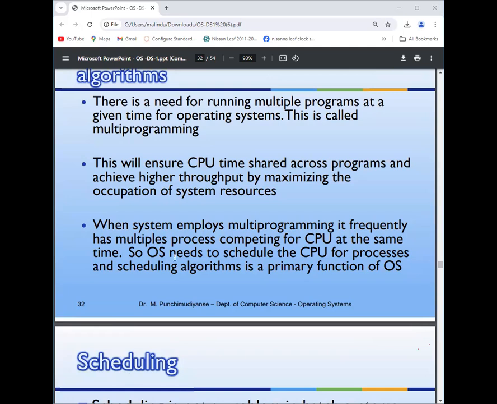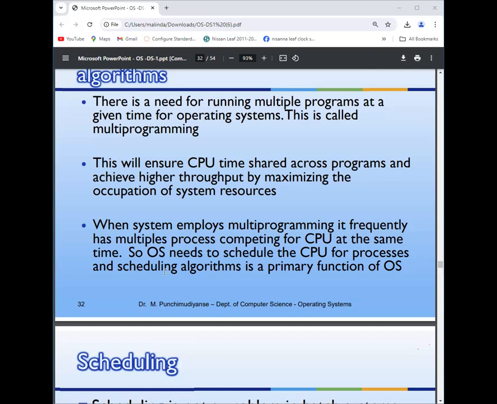Then the CPU time is actually shared across multiple programs, and we get an illusion that all are happening at the same time. That's the beauty of the operating system.